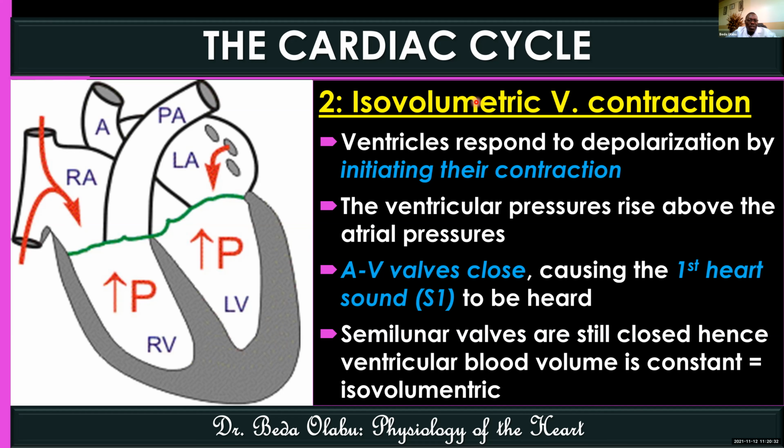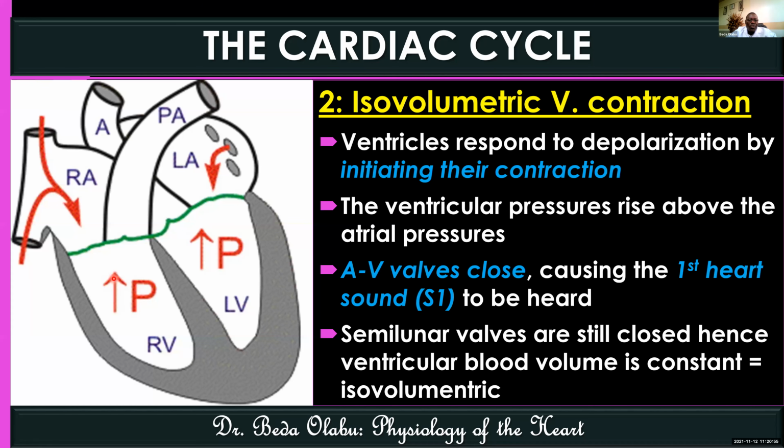And that is why we are calling it isovolumetric. So this period is called isovolumetric ventricular systole or isovolumetric ventricular contraction because the volume of blood within the ventricles is constant. All the valves are closed. It's an interim period.